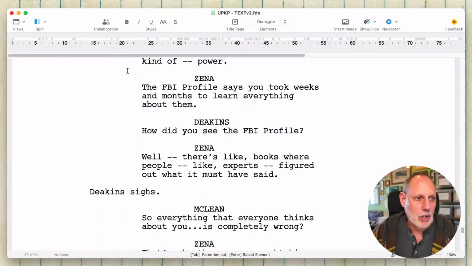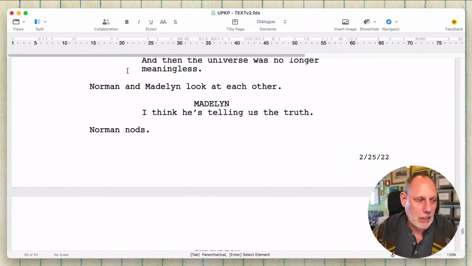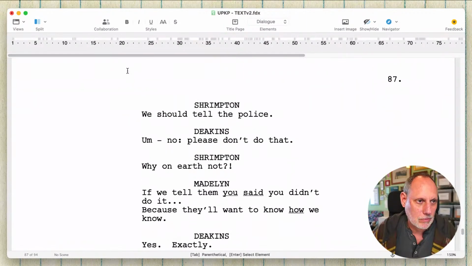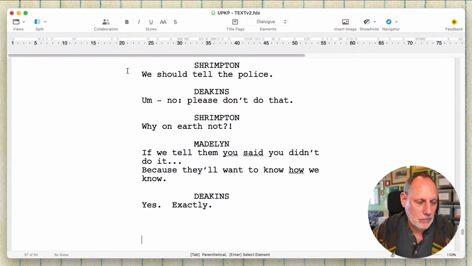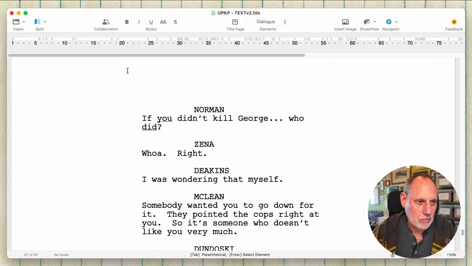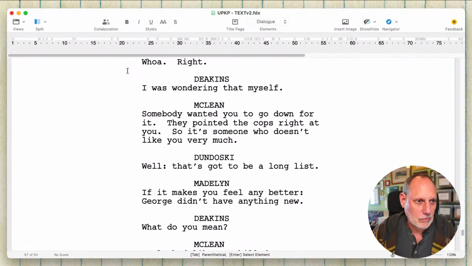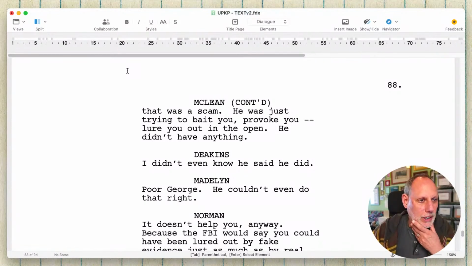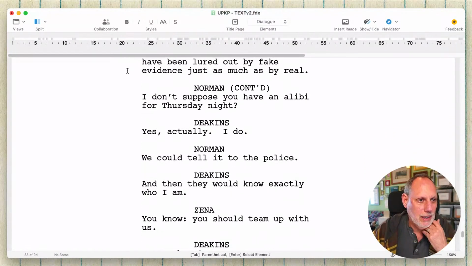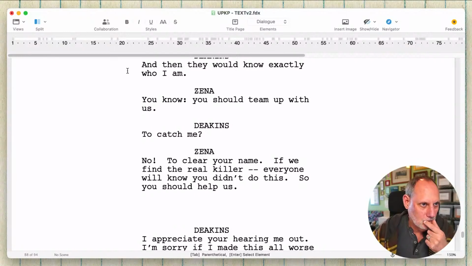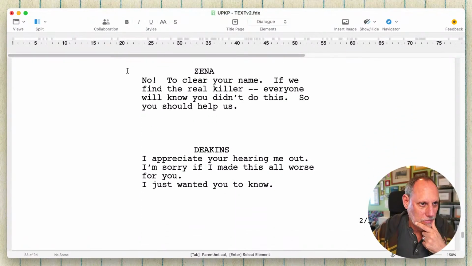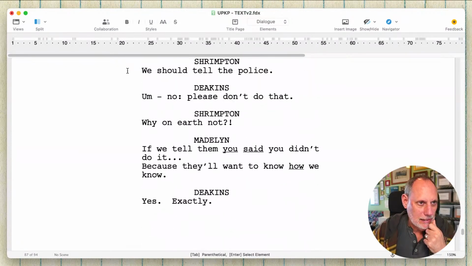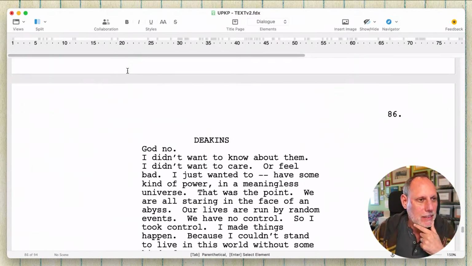She could do it after they believe him. That makes kind of sense. Yeah, see, this is where they're all working on the case. No, that doesn't work.